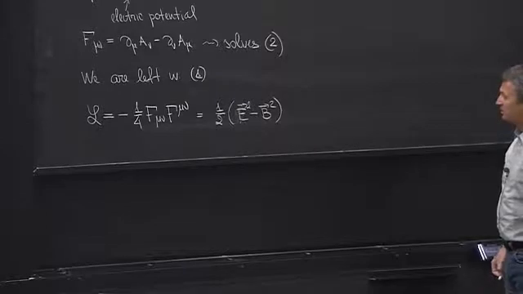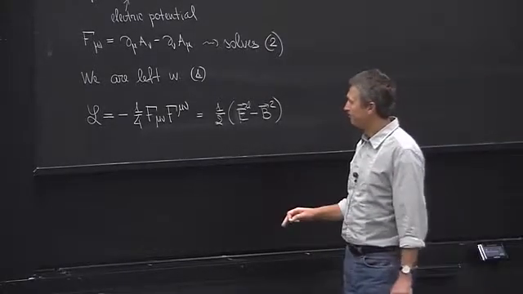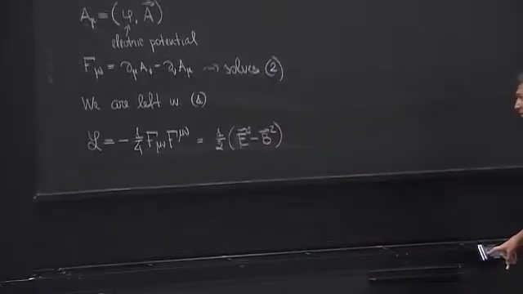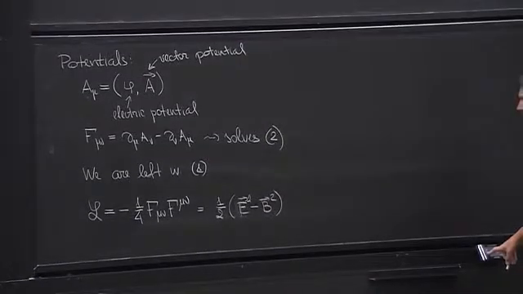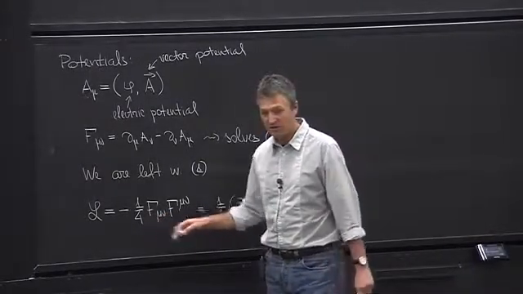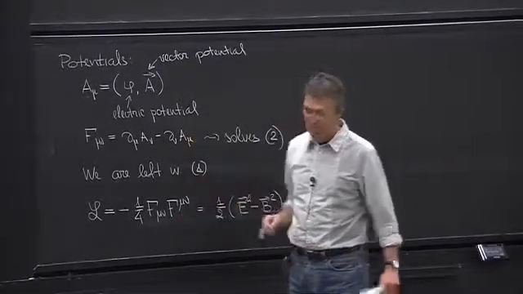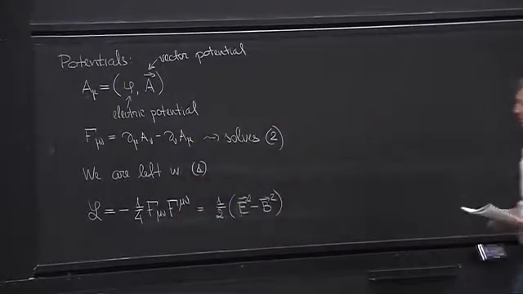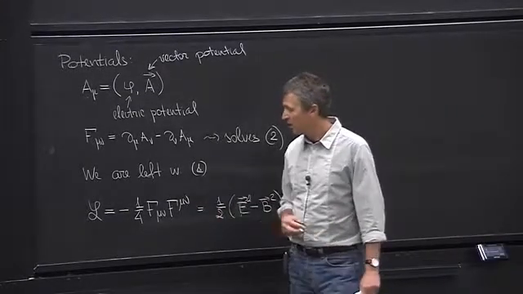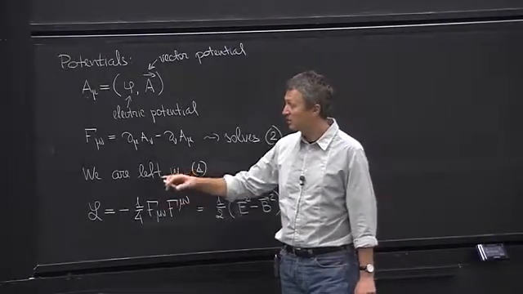And so this is the action, the Lagrangian density of the electromagnetic field. By taking a variation, one can derive Maxwell's equations. And so we can go on and try to find the canonical variables associated with potentials.